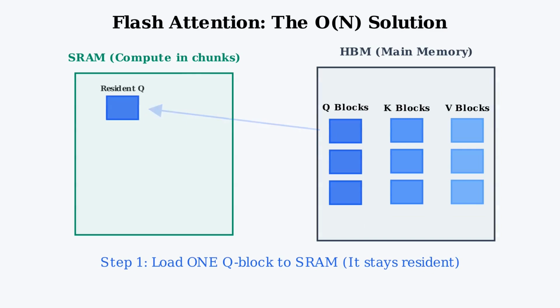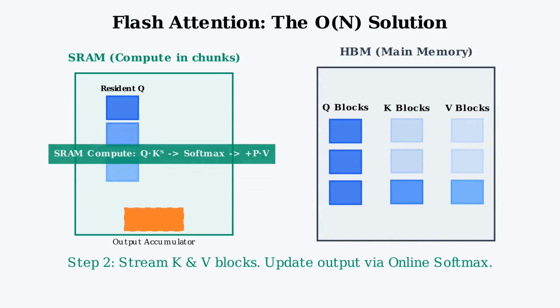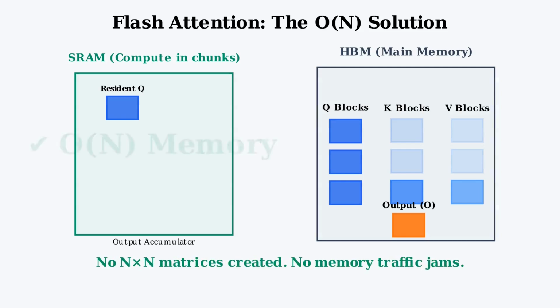We load a block directly into SRAM, compute the attention scores for just that block and update our final output right there. The full score matrix never gets written to HBM.